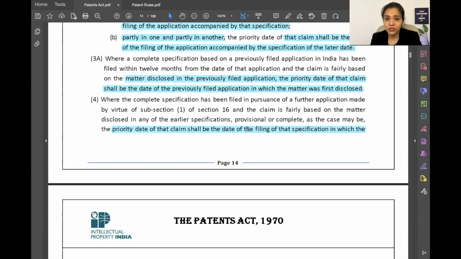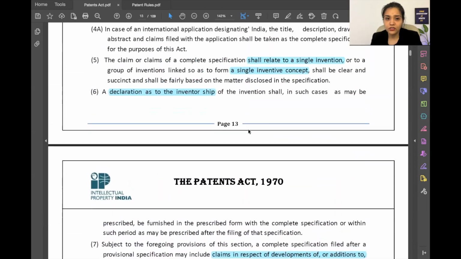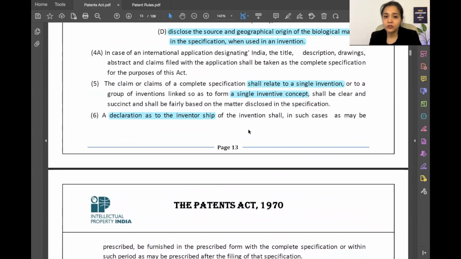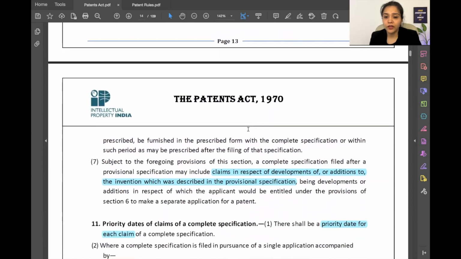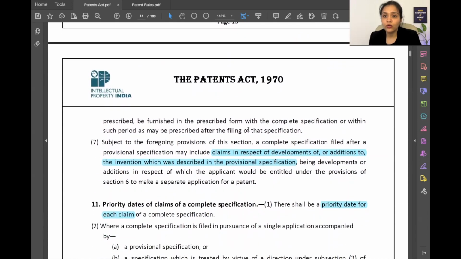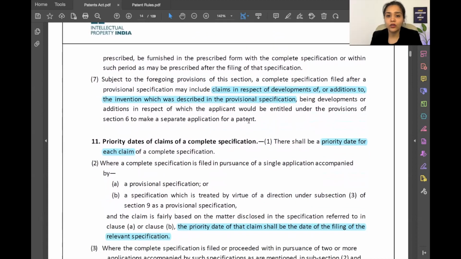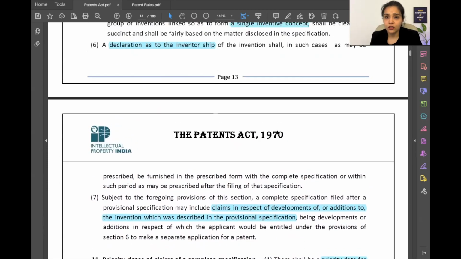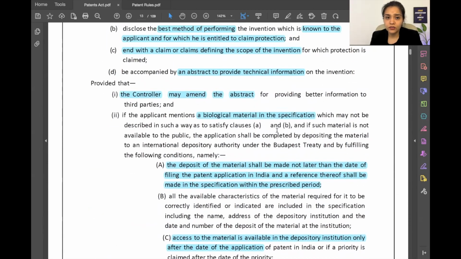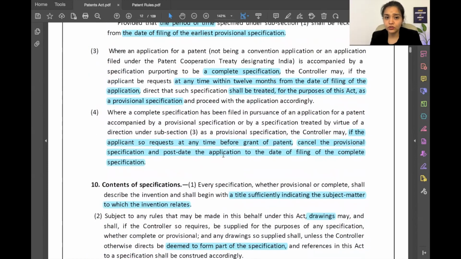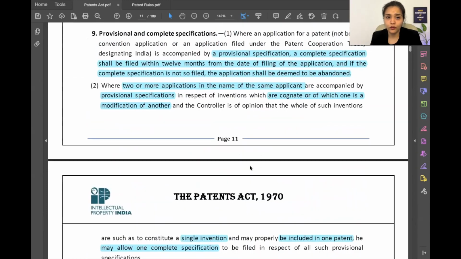For example, in this lecture only, we studied the concept where we converted a complete specification, where we said that I do not want to claim priority from my provisional specification and I want to claim priority from my complete specification. So in that case, we studied that there would be post-dating. So section 9(4).